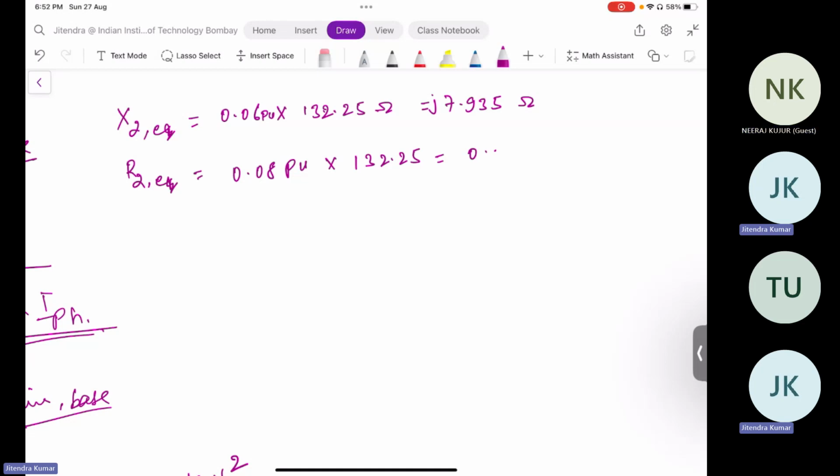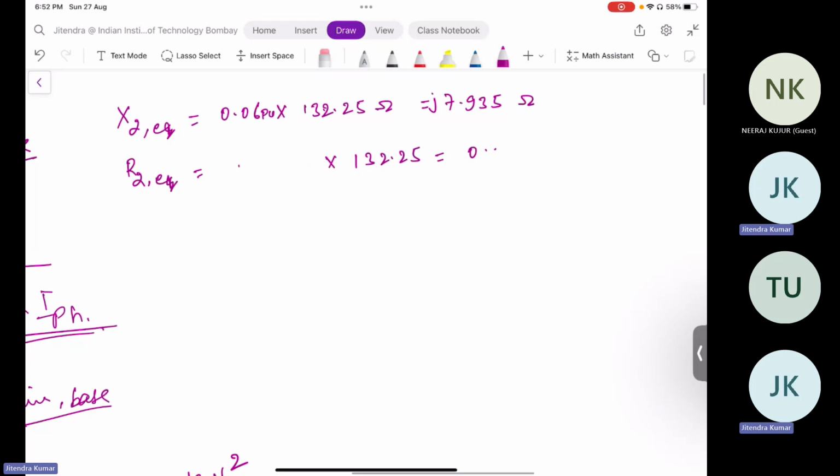I think it is 0.015. Yes, I made a mistake, sorry for that. So it is 0.015 into 132.25. It will come out to be 1.98 ohm. Yes, it's correct. So we are done with the series parameters.